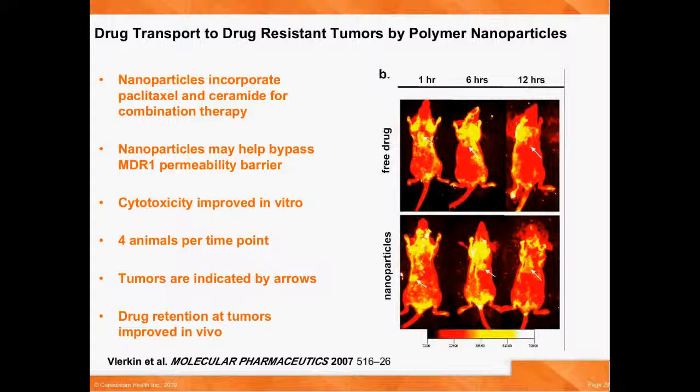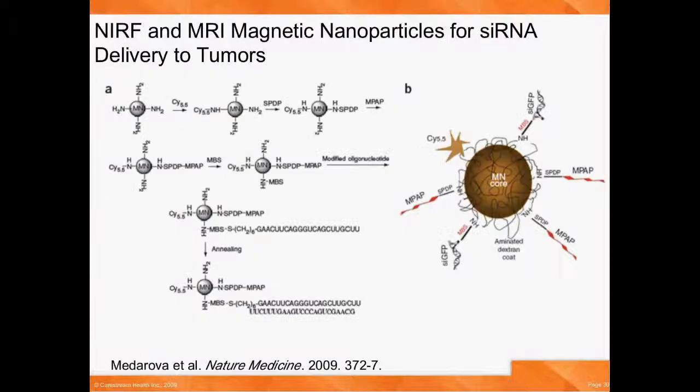This group labeled their nanoparticles with fluorescent probe and injected them in vivo. As you can see, because these nanoparticles aren't targeted, they're distributing throughout the whole animal. However, good news is that the nanoparticle is indeed being delivered to these tumors at 1 and 6 hours. It's not being excluded.